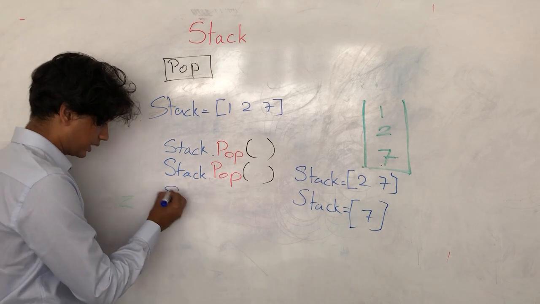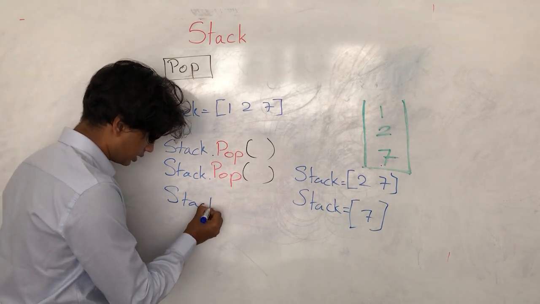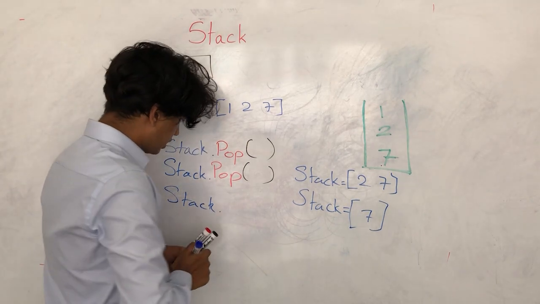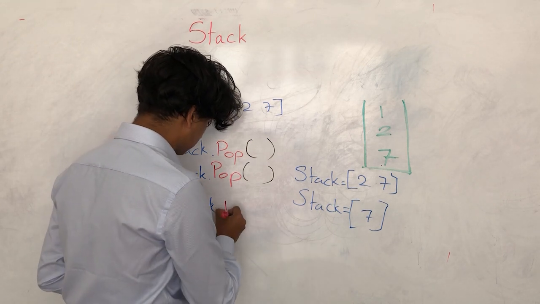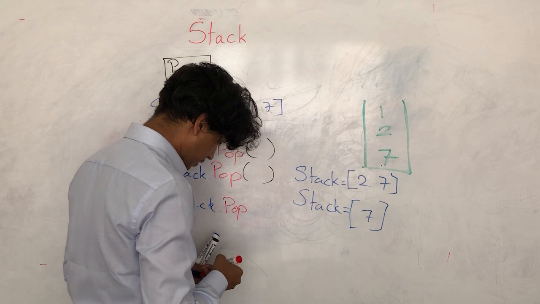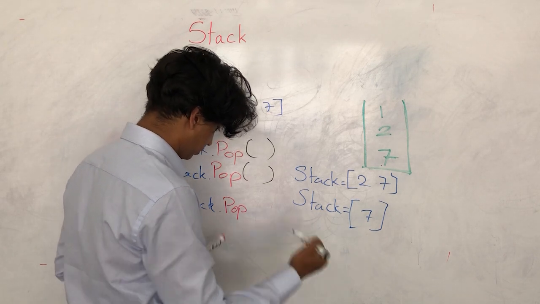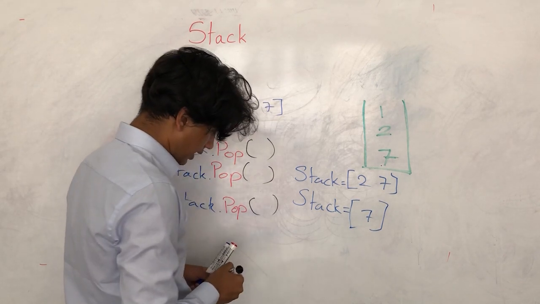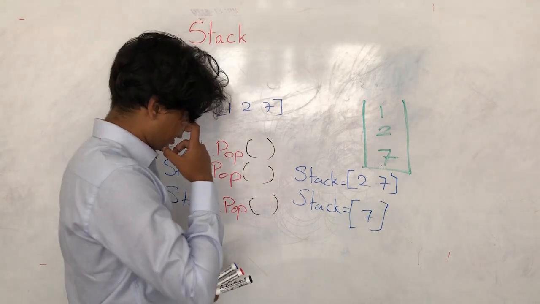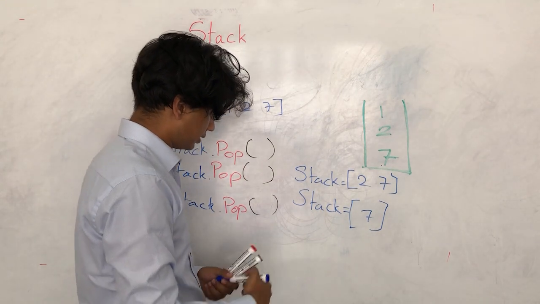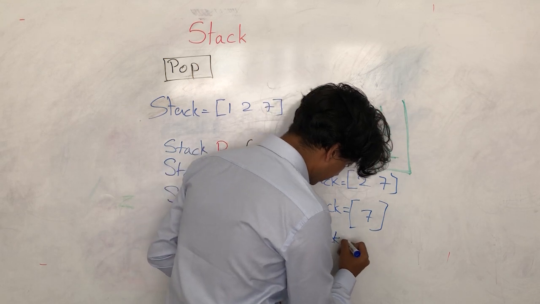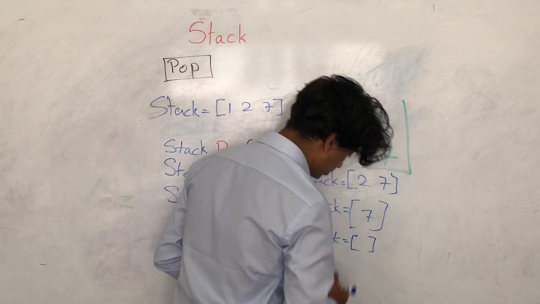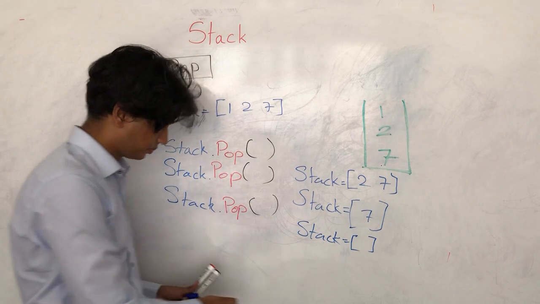Again I am going to take out the element that I have in my stack, which is number 7. So stack dot pop, and the last element at that current state of my stack is removed. So now I am going to have a stack with 0 elements, which is an empty stack.